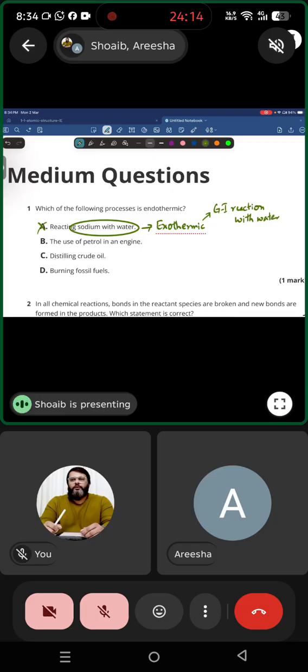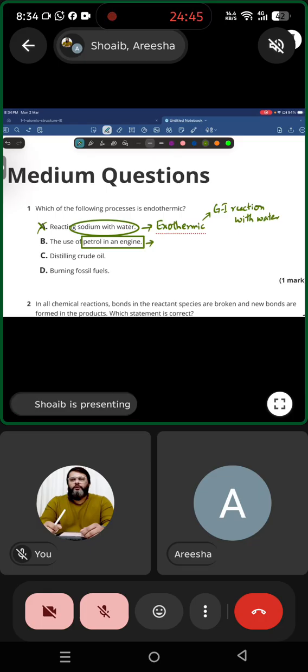is exothermic. Use of petrol in an engine. This one is also another exothermic reaction. Heat energy is produced. That's why we use petrol. Otherwise, if we used ice, we would not get any heat energy produced. So the substance we require here is one that can produce heat energy.